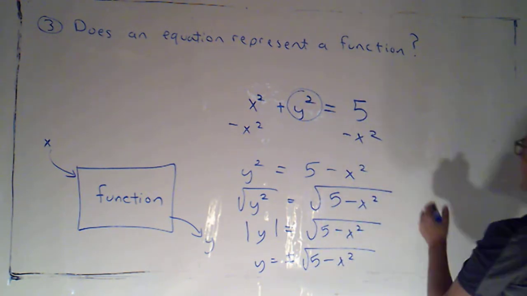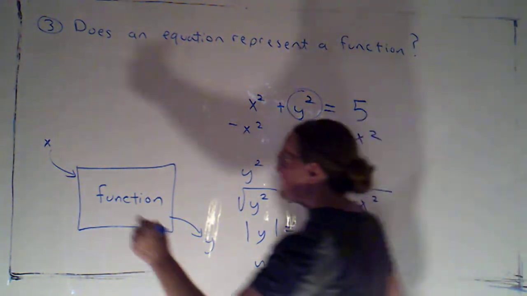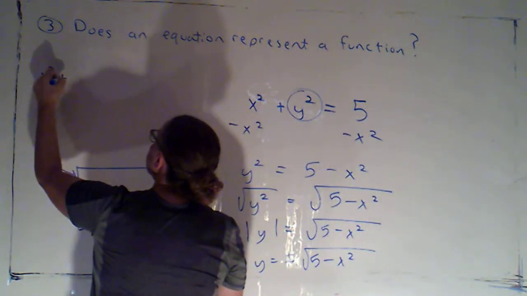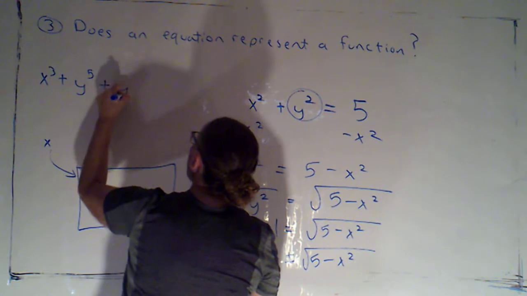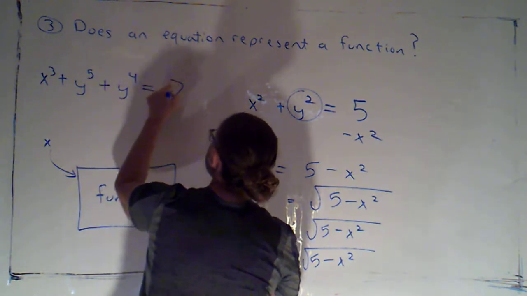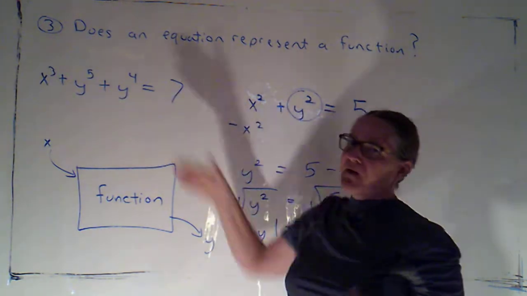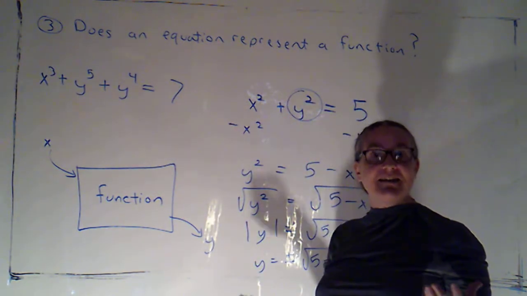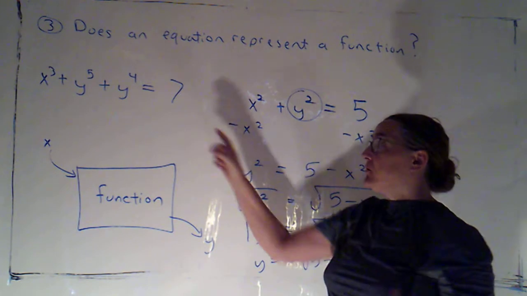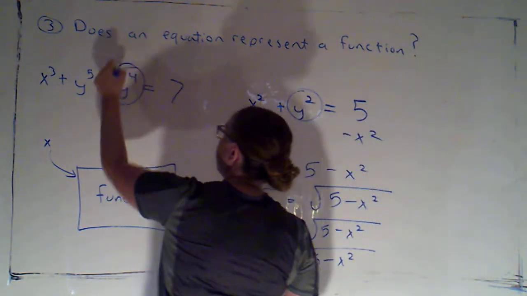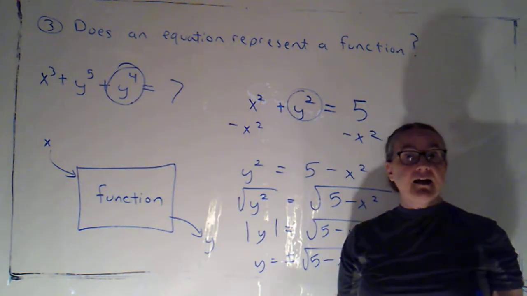If I have an equation like this, let's say I've got x cubed plus y to the 5th plus y to the 4th equals 7. Here, I'm going to have a really hard time trying to solve for y and get y by itself. So here it's super nice to know the shortcut. That's an even power of y.